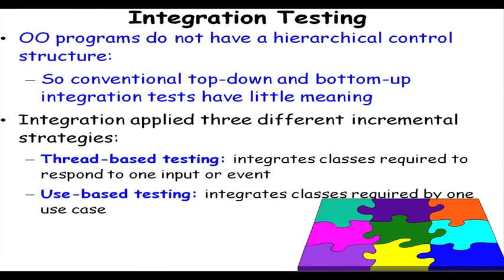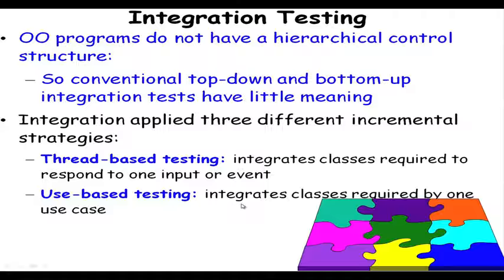We have thread based integration. So, we integrate classes as required to respond to an event. A method is called on one class and then it needs to call other class methods. So, we need to integrate them, that is called thread based testing or use based testing.